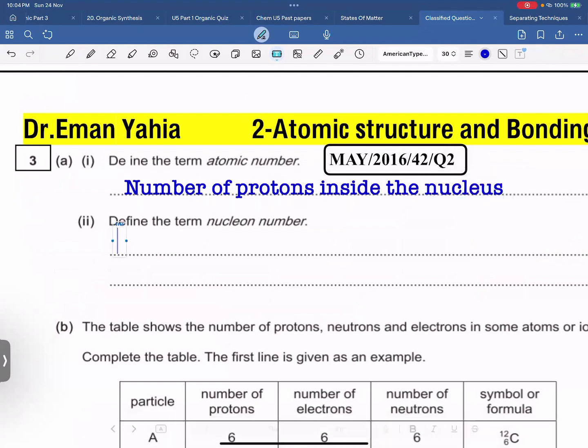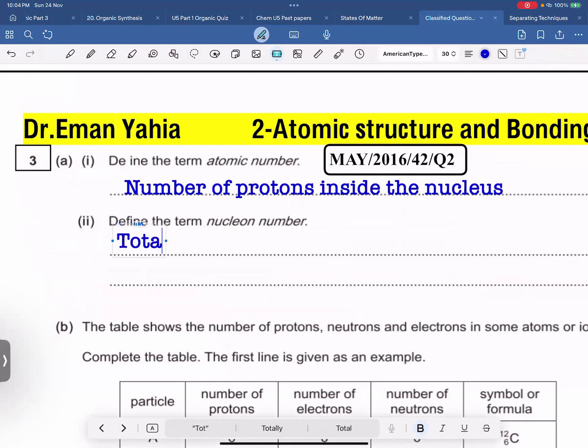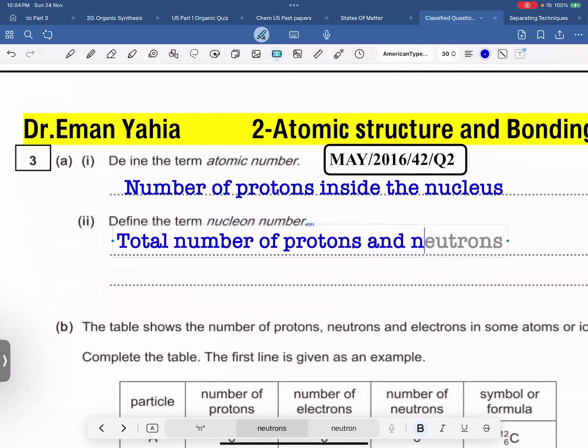And nucleon number. Nucleon number is the atomic mass or mass number. So it's the total number of protons and neutrons inside the nucleus.